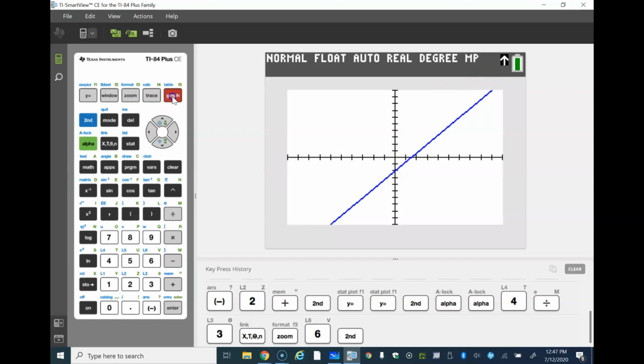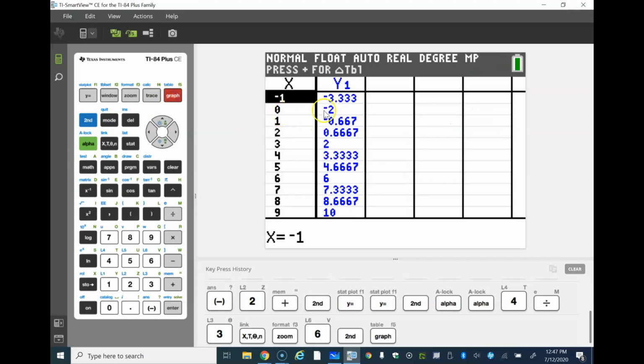So let's get our two ordered pairs that we need. For this one here, I'm going to pick 0, -2, and then 3 and 2 is going to be my next one.